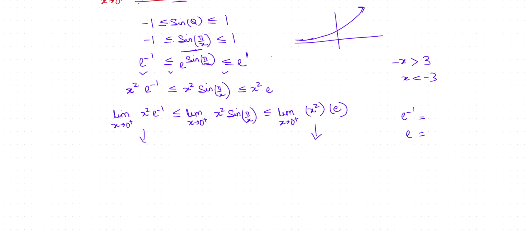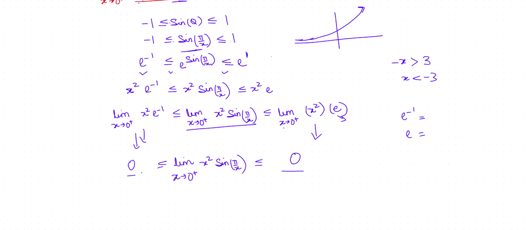Therefore, the limit of this function is 0. And the limit of this function is also 0, because e is a constant value and x is a positive value tending to 0. So the limit of the center function is greater than or equal to 0 and less than or equal to 0. The left hand side limit is 0, the right hand side limit is 0.